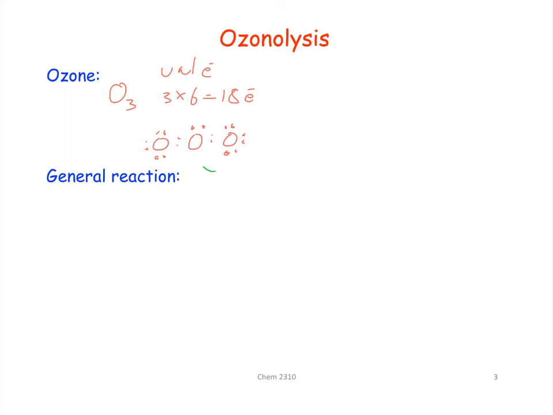No, not quite yet. Notice this one has only 6 electrons. All right, so what can we do to give that oxygen 8 electrons as well? All right, so what we can do is we can take one of these pairs of electrons and we're going to move it in here to make a double bond.